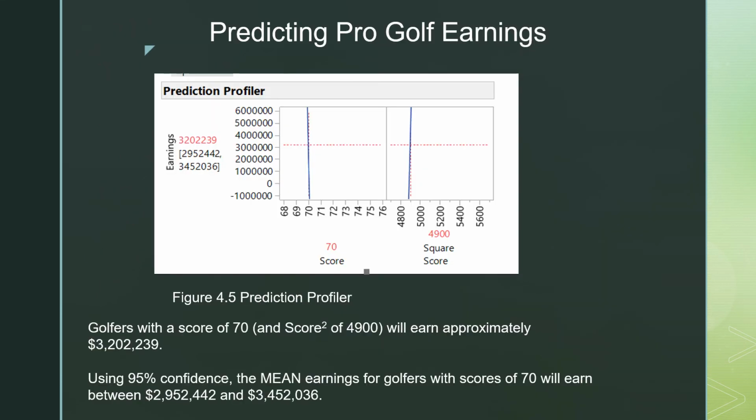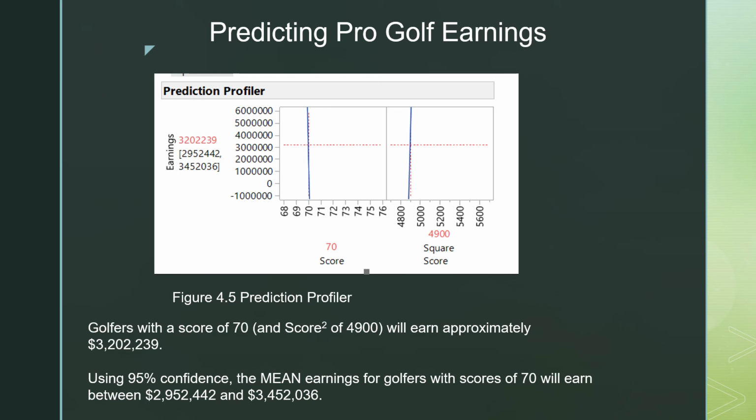Looking at the prediction profiler, we can now predict a golfer's earnings based on their score. So if golfers made an average score of 70, their score squared would be 4,900. Approximately $3,202,239 could be earned.